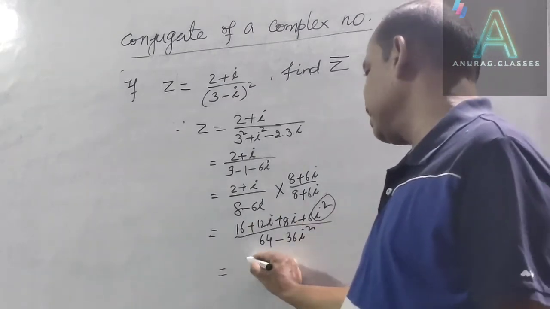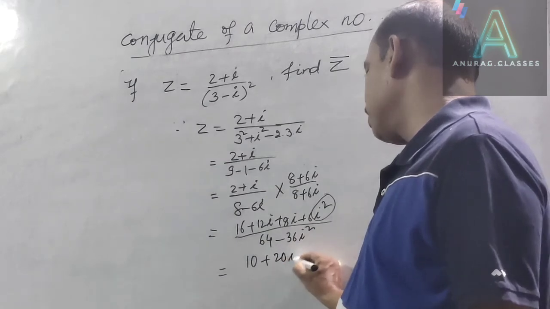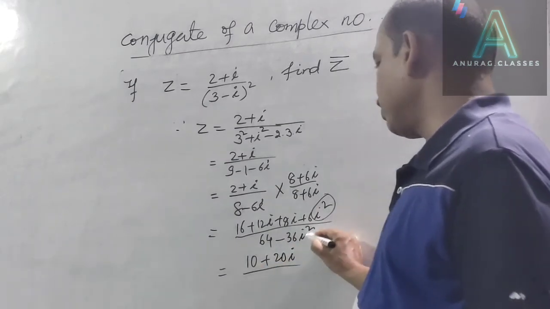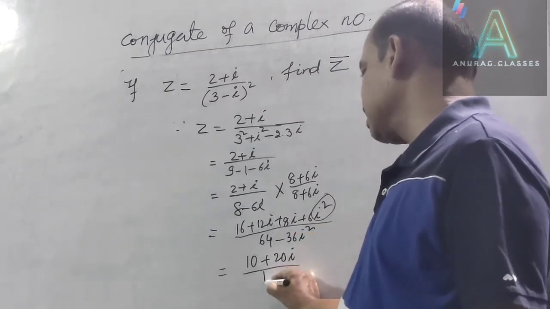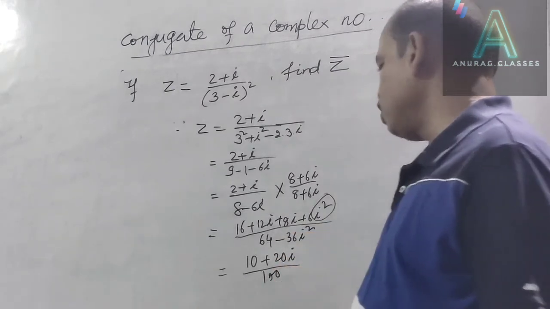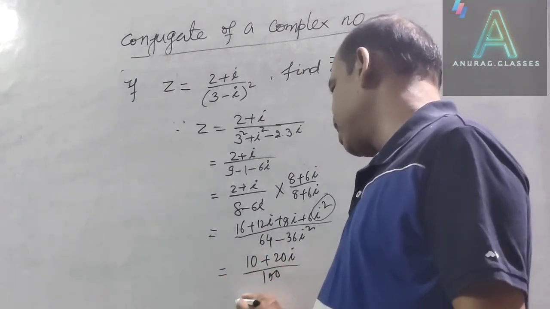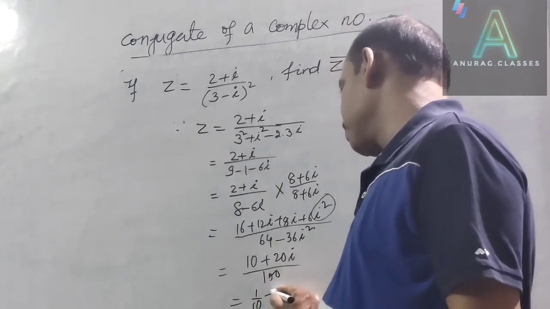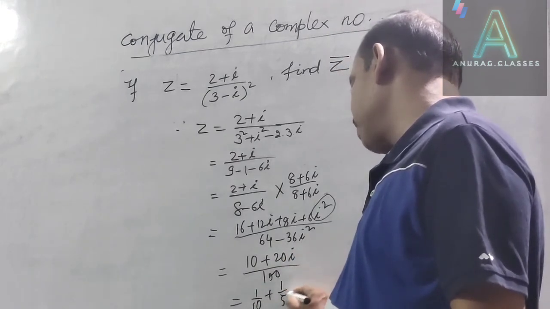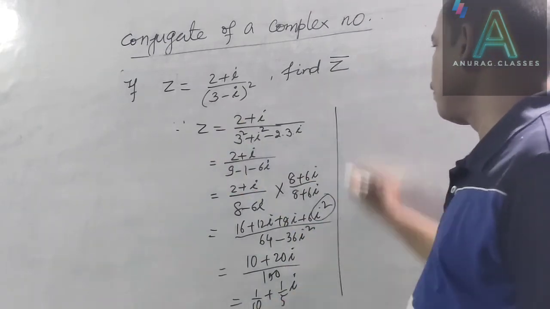So 16 minus 6 is 10, and 12 plus 8 is 20 iota whole divided by, again iota square is minus 1, so minus minus plus. So 64 plus 36 is 100. Very easily you can see that 10 can be taken as common, or you can separate it. Then 10 by 100 is 1 by 10, and 20 by 100 is 1 by 5 iota. So this is the value of z.